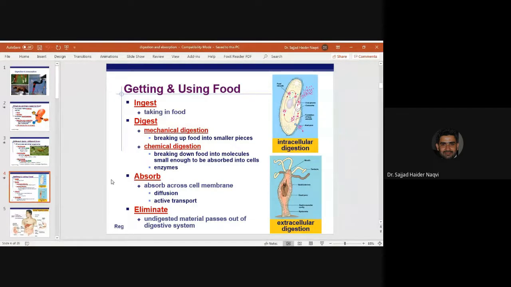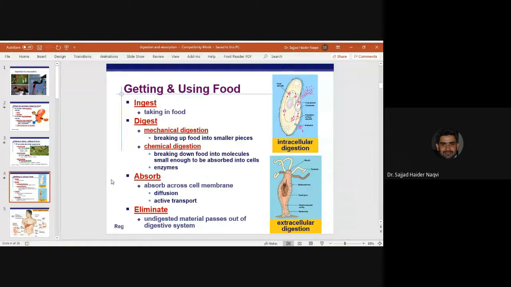That means the food normally we chew in the mouth, and that is the process of ingestion actually. And then this food is being chewed, and then we swallow the food, passes through the esophagus, and then reaches the stomach. As soon as you ingest the food, the next step is started, and the next step is digestion.